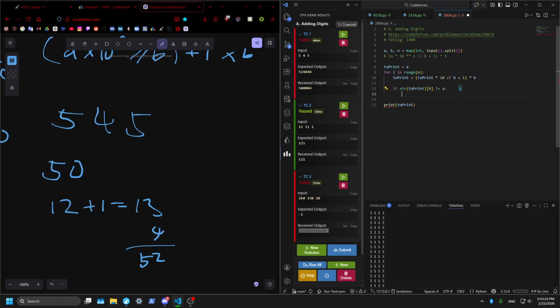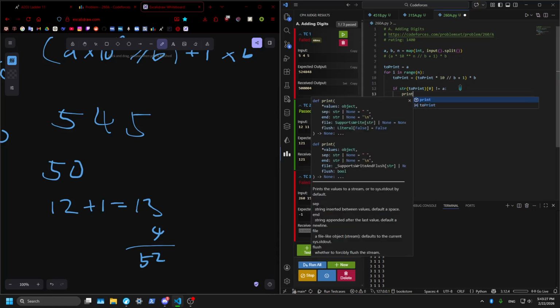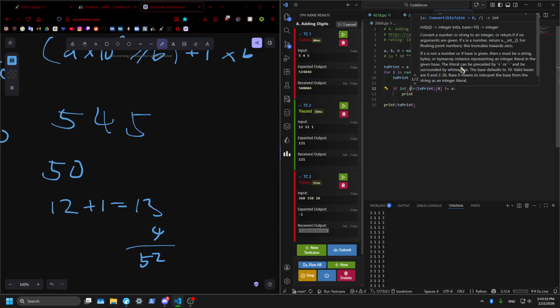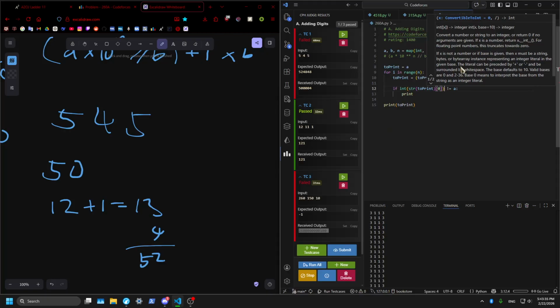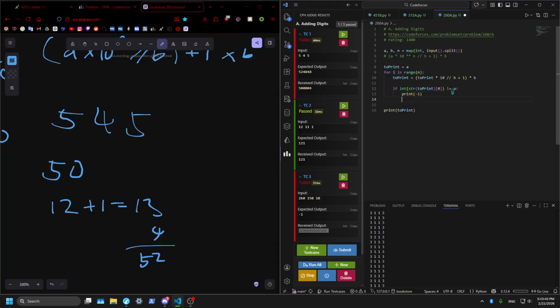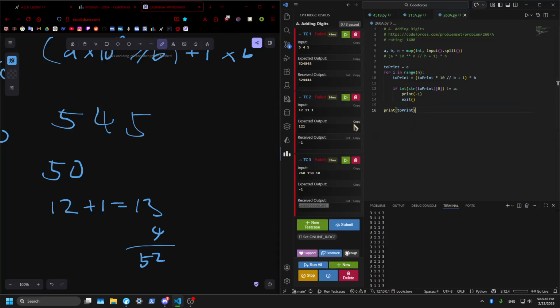Print -1, exit. Received -1. That's not right.